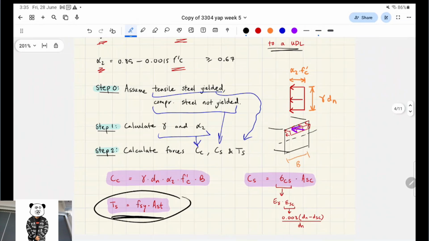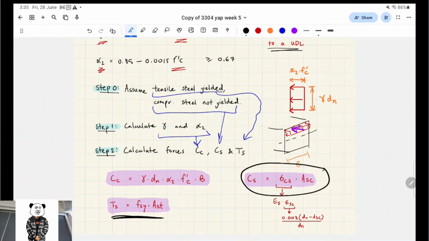Yeah, so I've explained TS, and CS is this, but there's a bit more complexity to this, because if the steel hasn't yielded, it essentially has some more steps that you have to do, right? So you have to break down the stress formula into elastic modulus and strain, and then the strain uses a technique called similar triangles to determine it. Let me just show you.